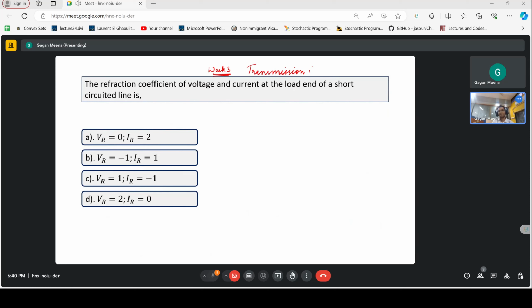Say there are two lines with different impedance, and this is the junction. This is the forward wave, so some is transmitted and some is reflected back, the backward wave. Transmitted voltage is the sum of V forward and V backward.